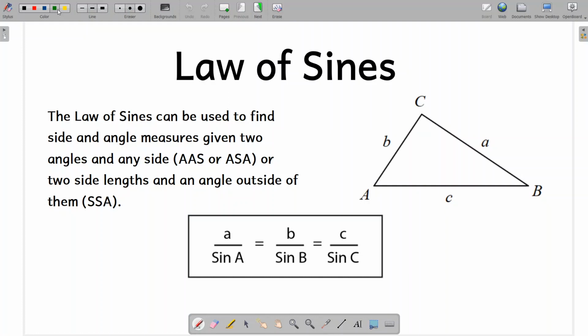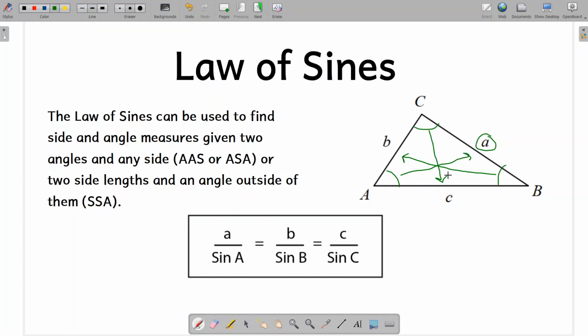Now, the law of sines itself is what you see in the box. It's really just proportions that are equal. It's just saying that side A divided by sine of its opposite angle is the same as side B divided by sine of its opposite angle. And those are both equal to side C divided by sine of its opposite angle.